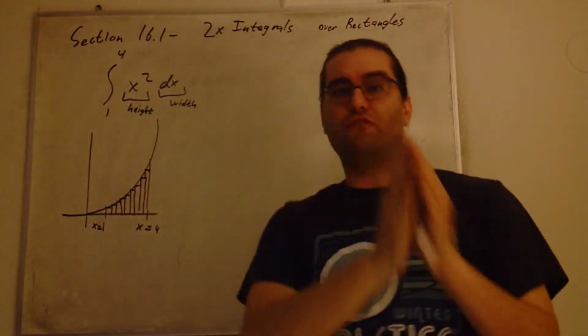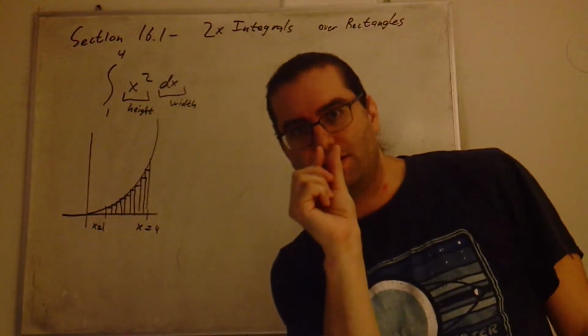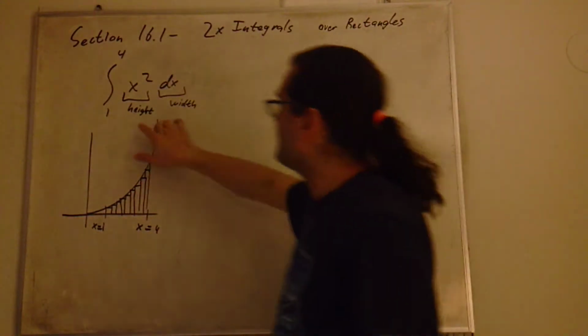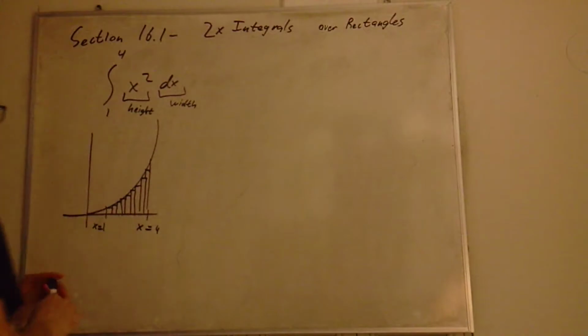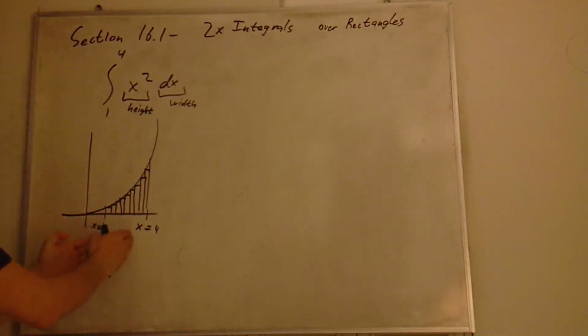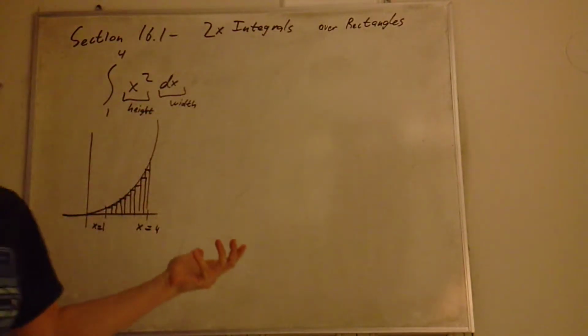When you use infinitely many rectangles, the delta x turns into a dx, and that just means a tiny, tiny, tiny little slice of the x-axis. So we have this height times width gives us the area of a rectangle. The squirrely looking s means sum, and then this determines your bounds from 1 to 4. And so this idea of summing up rectangles is still very much embedded in the idea of integrals.